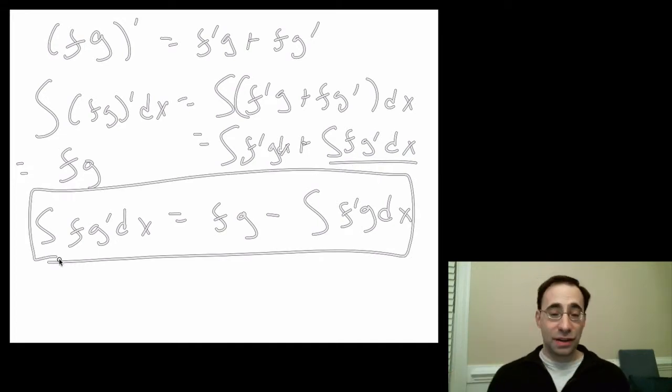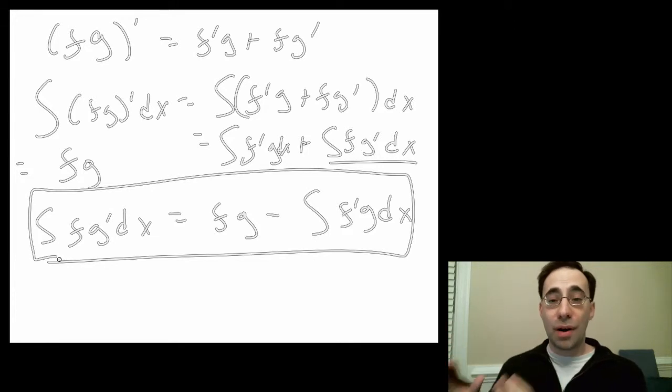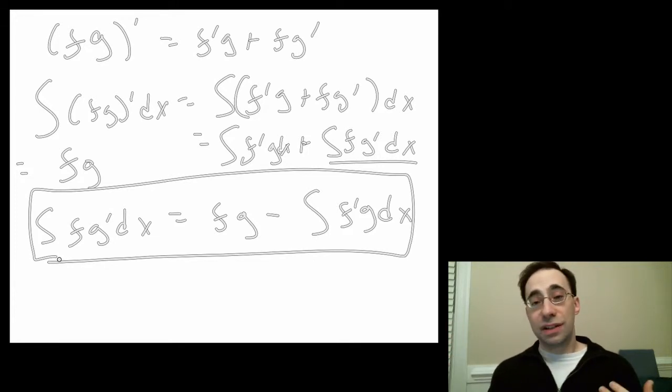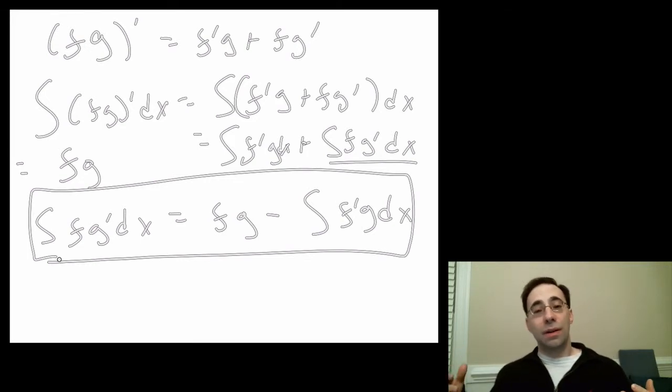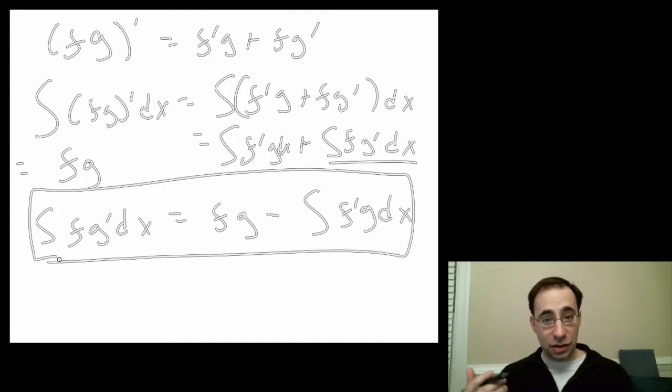It comes directly from the product rule in differentiation. It's used in exactly the same scenarios when you have a product of two functions and you want to integrate them, and you can't integrate them as a whole. What you can do is use the integration by parts rule to try to integrate them, treating each individual piece of the larger function as its own function, just like in differentiation.